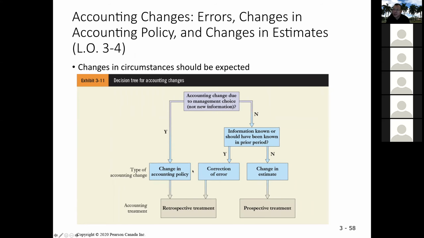However, it could be that new information came and the accounting change has to be made. For example, in the tourism industry, previously the bad debt rate may be 1%, but because of COVID or whatever, the bad debt rate will be 2%, 3%.